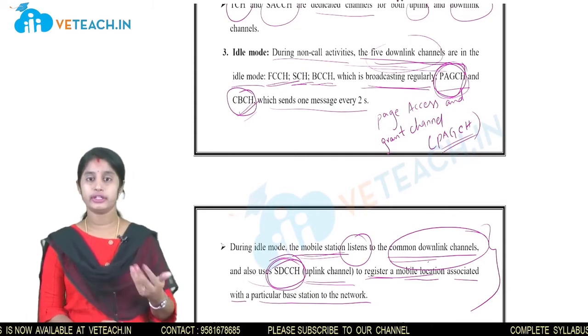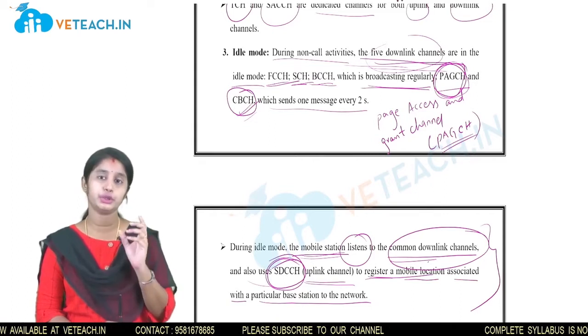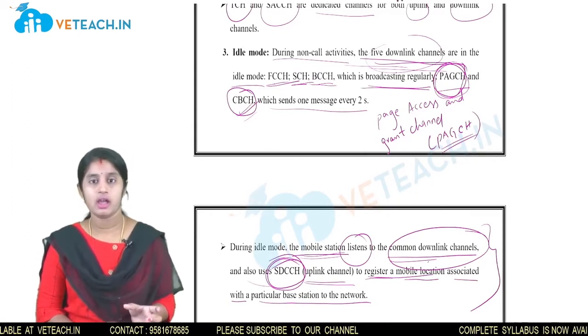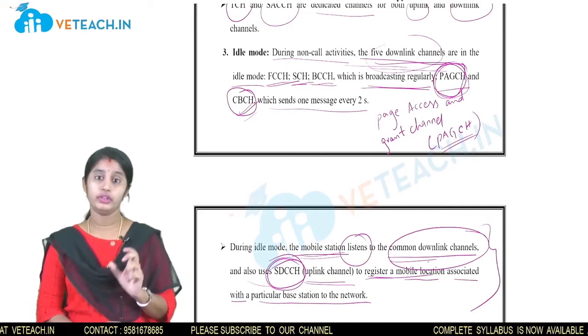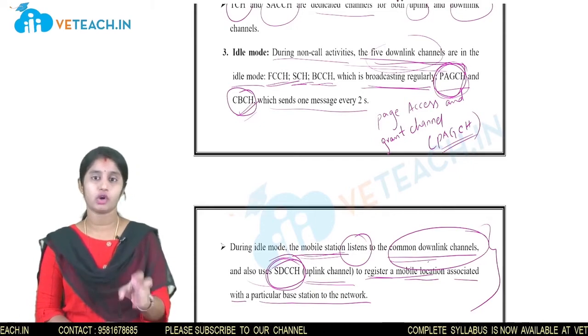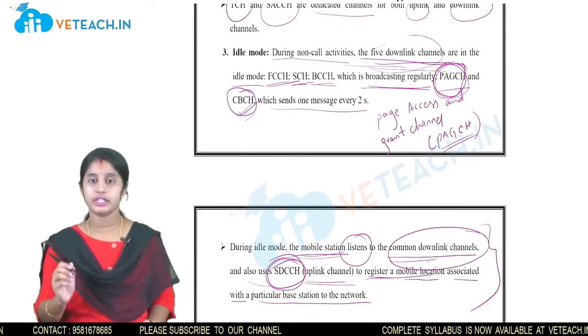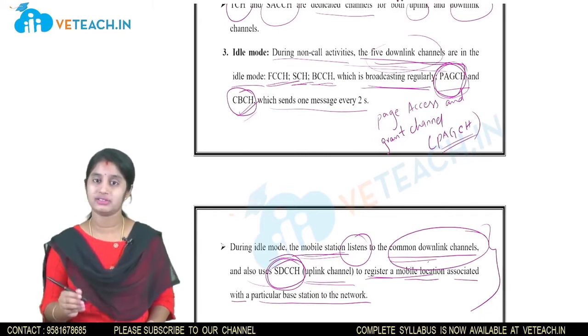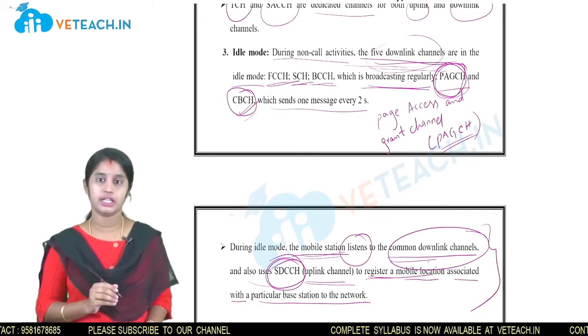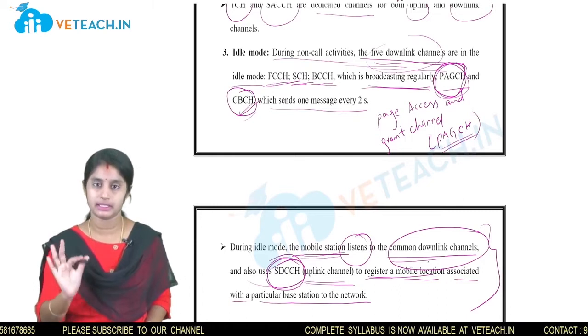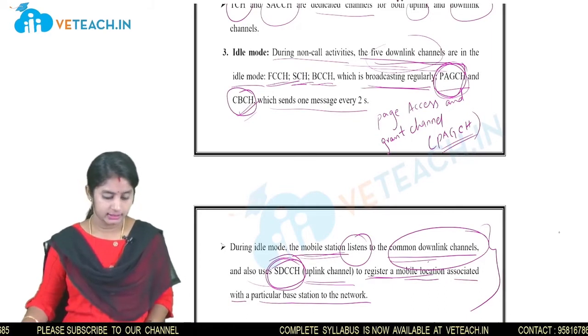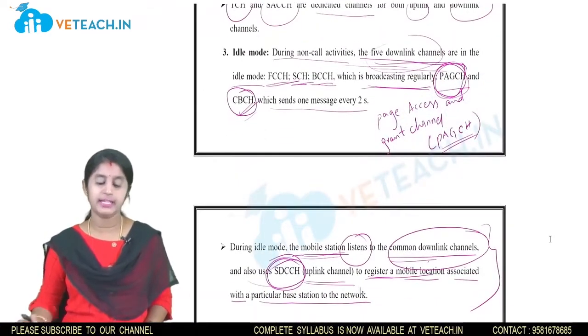Before initiation of the call, the network should know from which area, what type of call, and which user is initiating the call. That information needs to be stored as well as registered and associated with the network. Clear? This is the main purpose of this idle mode.